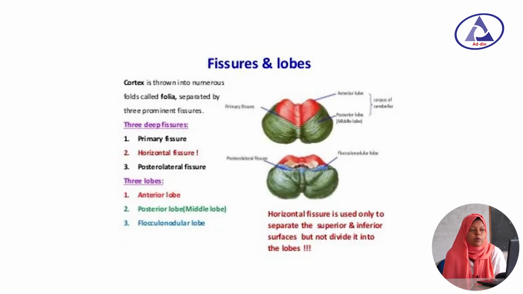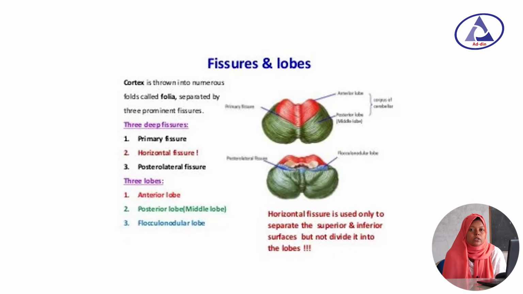Again I repeat, cortex is thrown into numerous folds called folia. কর্টেক্সটা অনেকভাবে ভিতরের দিকে ভাঁজ হয়ে থাকে, যেটাকে আমরা অ্যানাটমিতে টার্মে বলি ফোলিয়া, এবং এই ফোলিয়াগুলো সাধারণত ফিশার দ্বারা ভাগ হয়ে থাকে। There are different fissures, but 3 are very important. That is called primary fissure or fissura prima, horizontal fissure and posterolateral fissure. And there are 3 lobes: anterior lobe, posterior lobe and flocculonodular lobe.